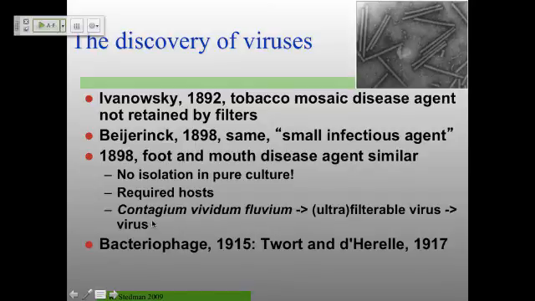So Contagium vividum fluvium, they thought it was a fluid, so not particulate, because it went through all these filters. Vividum, which is actually alive and contagious, so something caused disease and can go through these filters, and then became eventually an ultrafiltrable virus.